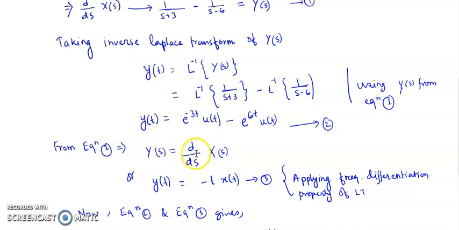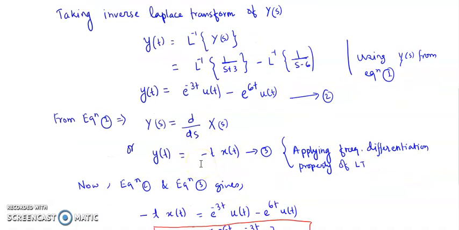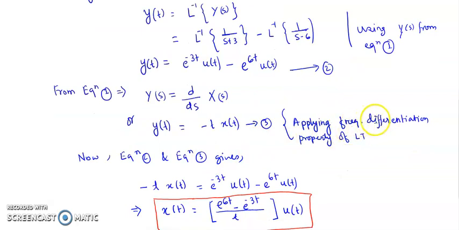If we take a derivative in the frequency domain, it is equivalent to multiplication in the time domain, so y(t) is equal to minus t x(t), because of the presence of this derivative. This is the frequency differentiation property of Laplace transform.